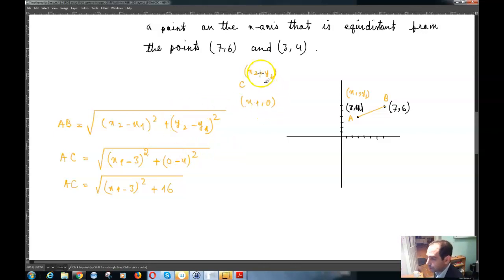Now the distance between points B and C. You can just forget about this, because it might confuse you. I'm going to take this as point 1 and this as point 2, meaning x1, y1, x2, y2.